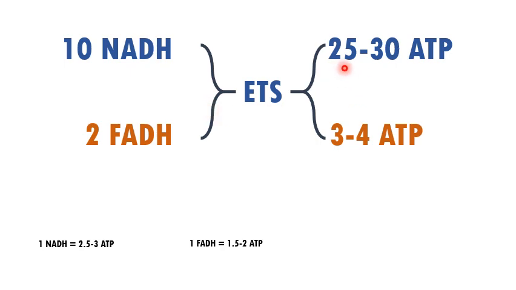usually, if it is 2.5 it produces 25, if it is 3 it produces 30 ATPs through the NADH complex, and complex 2, that is the FADH complex, can produce 3 to 4 ATPs.